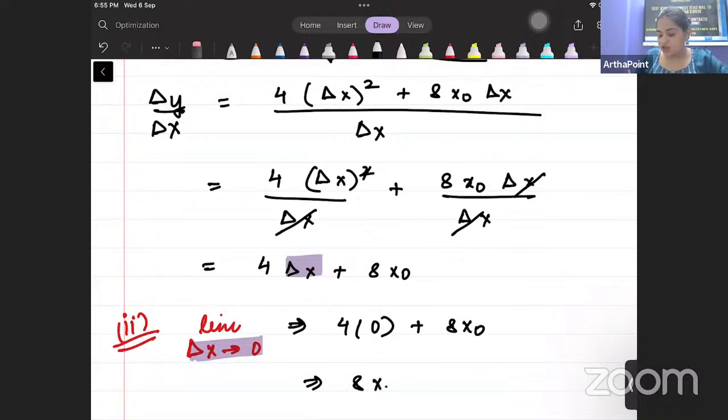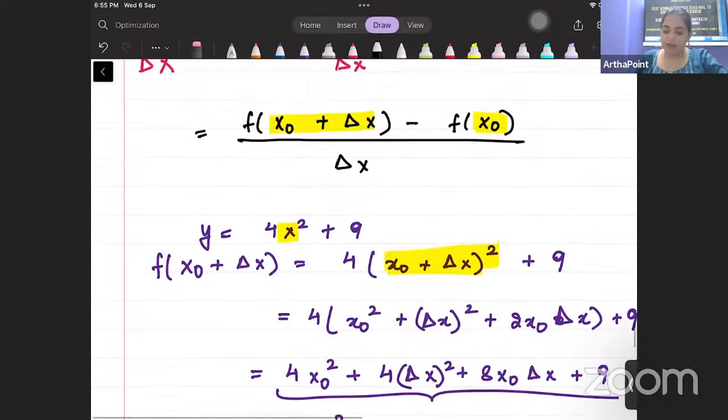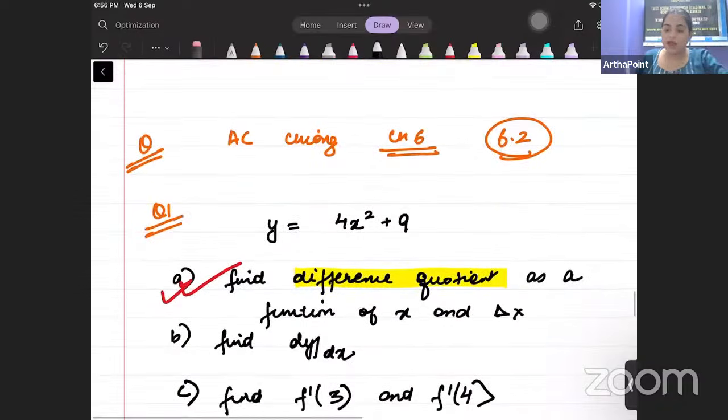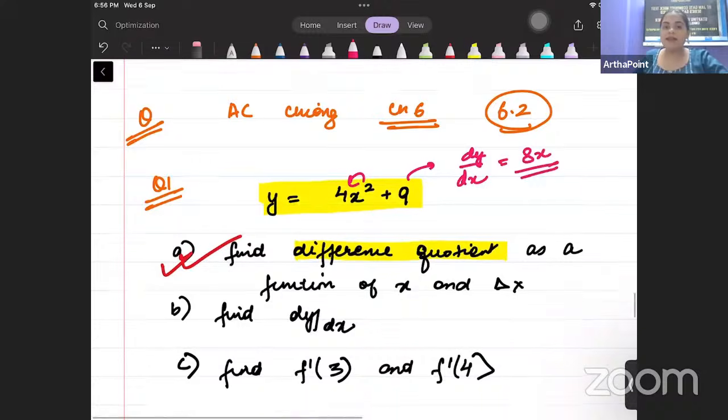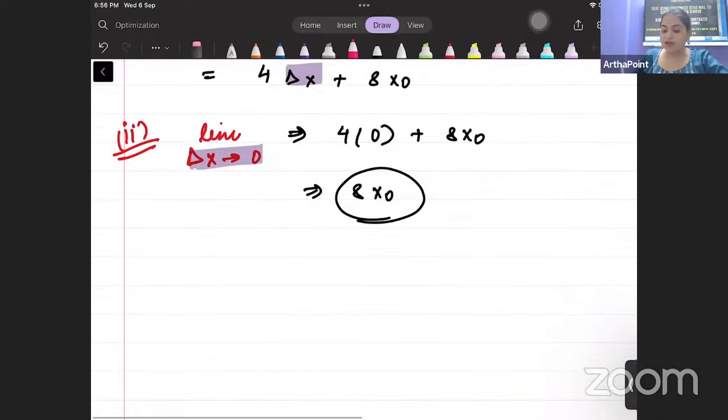So your differentiation will be 8 x naught. That is the derivative. How do you normally find the derivative? If this was your function and you were asked to find dy by dx, the power comes down and the power reduces by 1. So the derivative was 8x, and that is exactly the derivative we are getting here, 8 x naught, right?